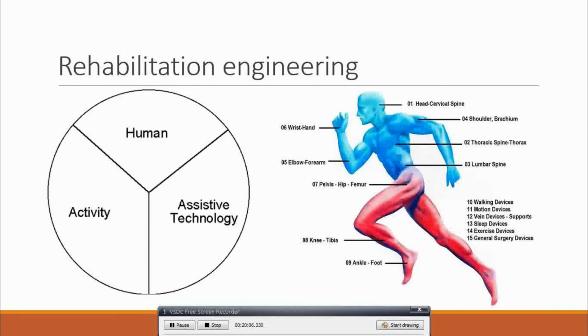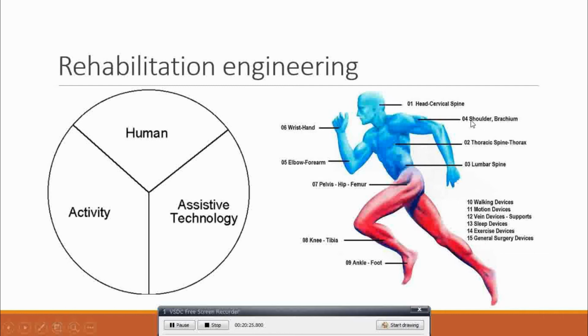Okay. So still dalam rehab ni, jadi ini adalah apa orang kata, bahagian-bahagian tubuh badan manusia yang memang dah ada sekarang ni pun dah ada dah.